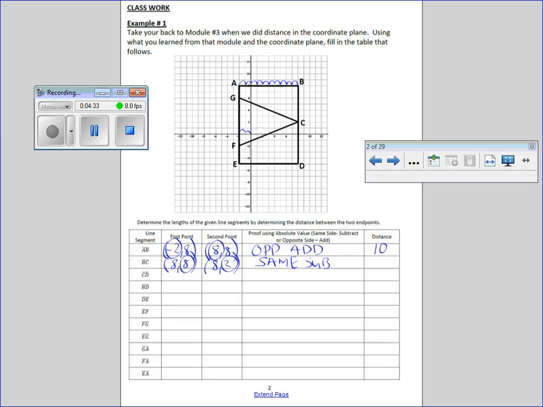Done. One more together. CD, oh look, we already did C. 8, 2. What are the coordinates of D? Just reverse it. X is first.